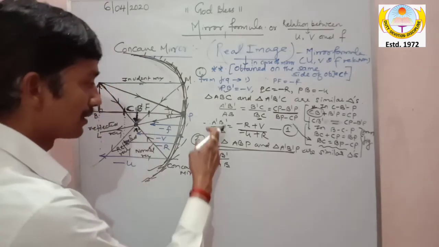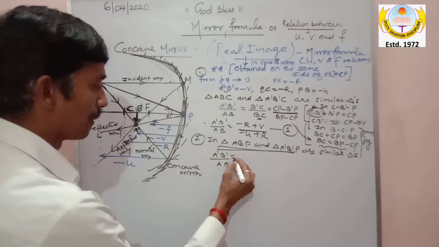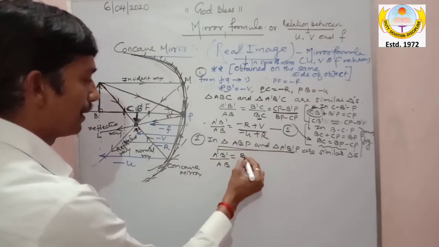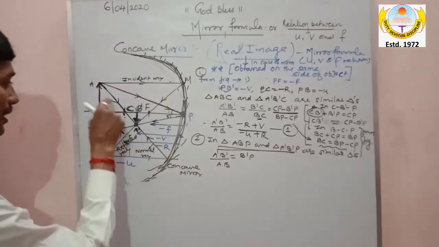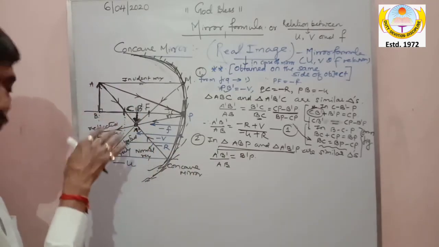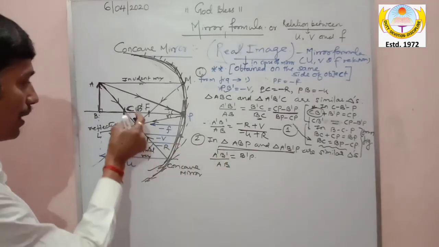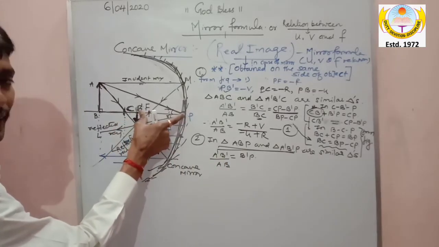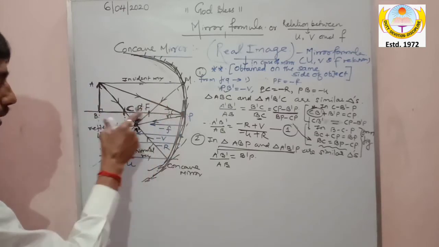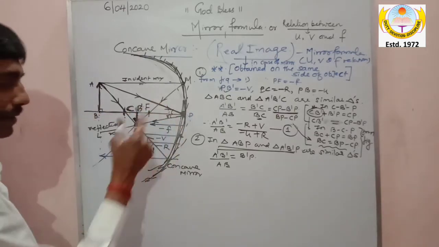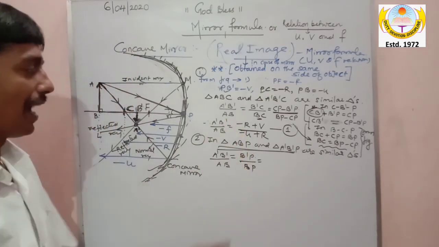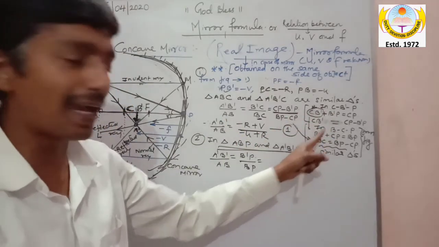Okay. So this is A'B' upon AB is equal to, now look at what I am getting: B'P, that is A'B', this side I have taken, divided by AB, this side I have taken, equal to B'P, the base side, divided by BP, B to P. But here my dear, I don't need to do all these steps.